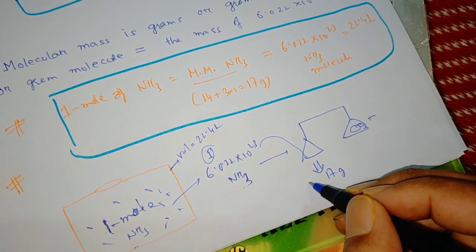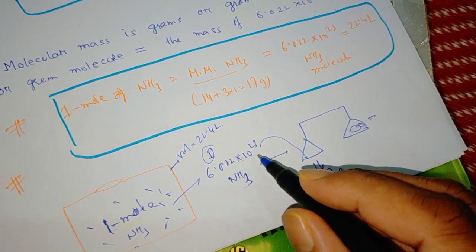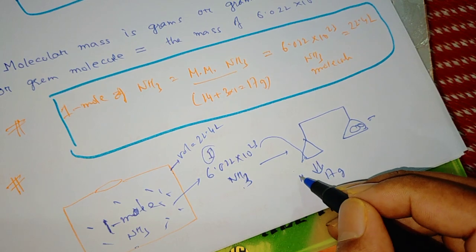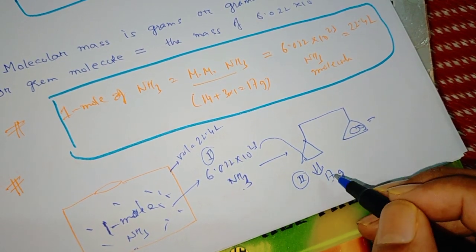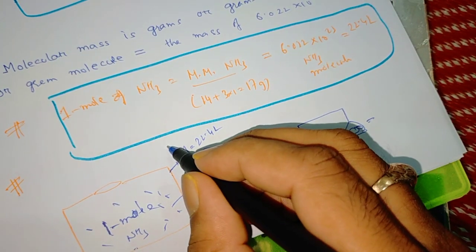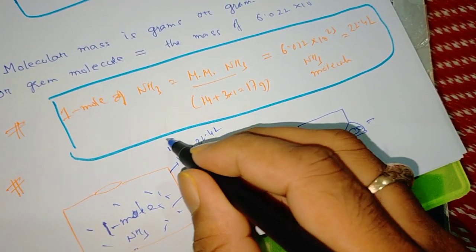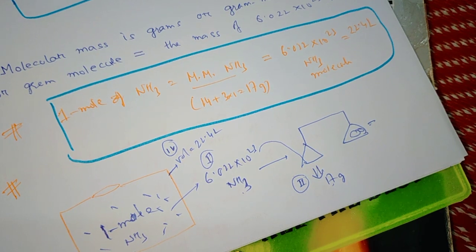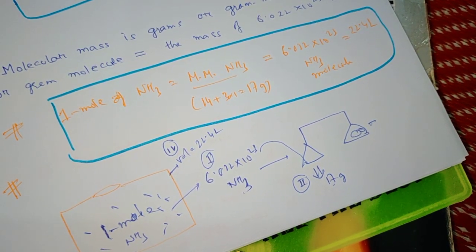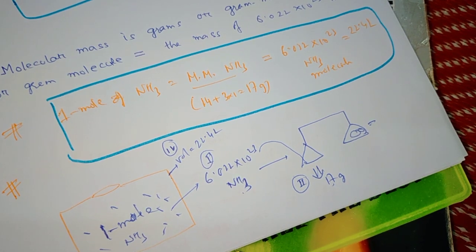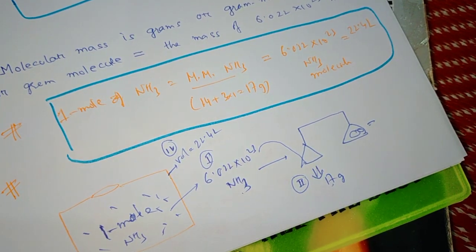Point number 2, if you know the weight of this one, then you are getting 17 gram of this one. If you want to know the volume of this one, this is the volume of 22.4 liter.